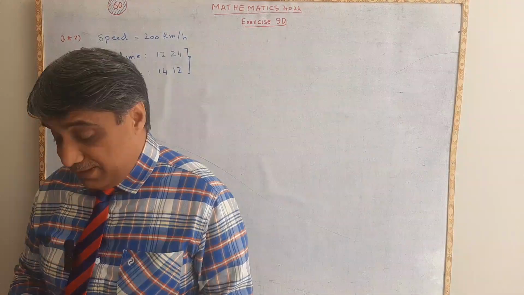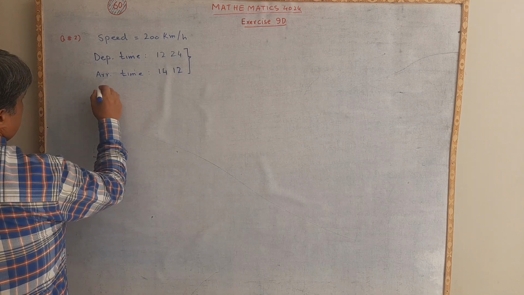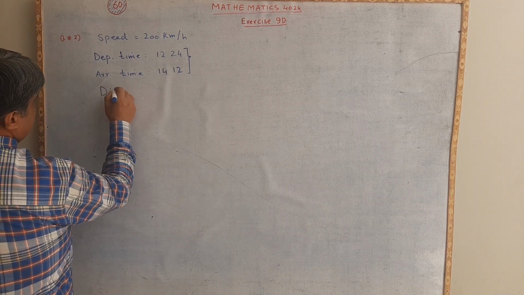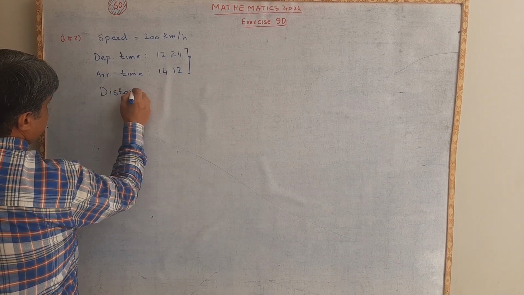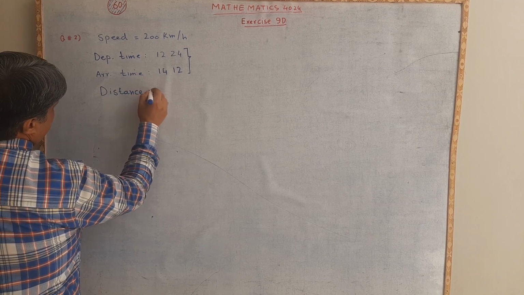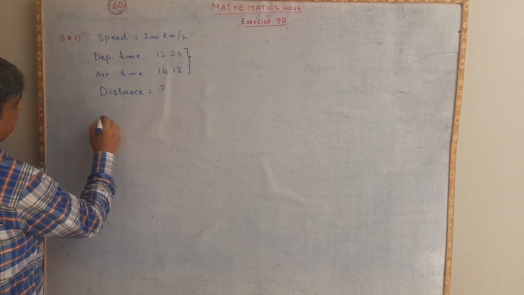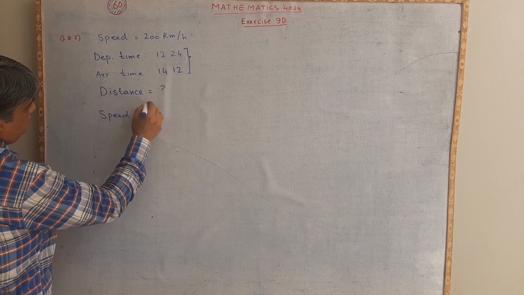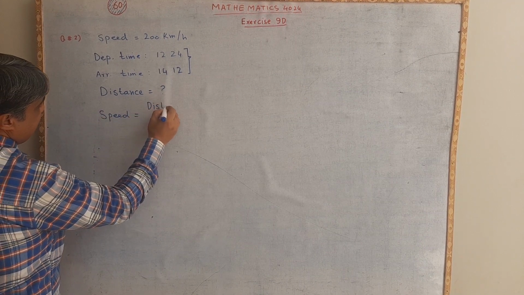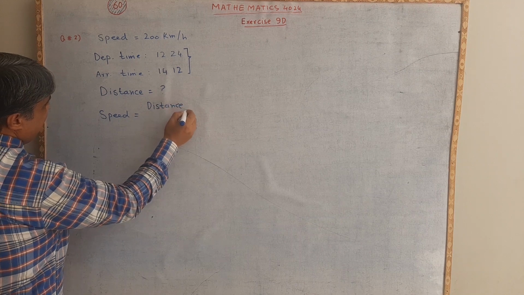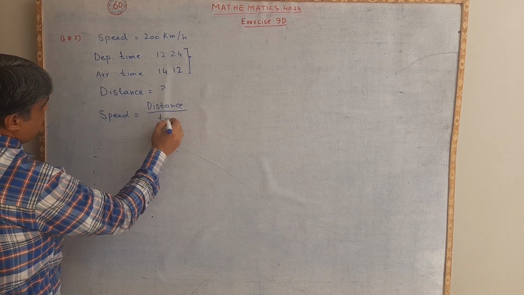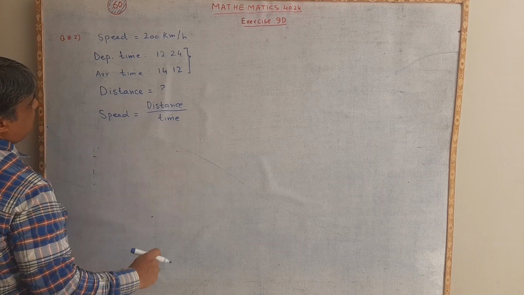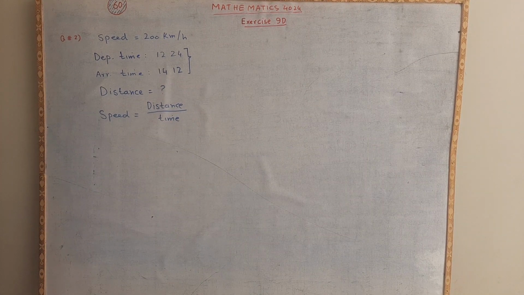The question is saying find the distance. So distance is our main destination, and you know that speed is equal to distance divided by time. First we have to calculate time.